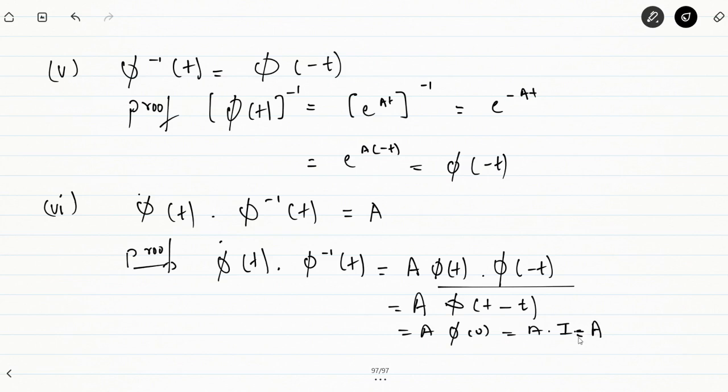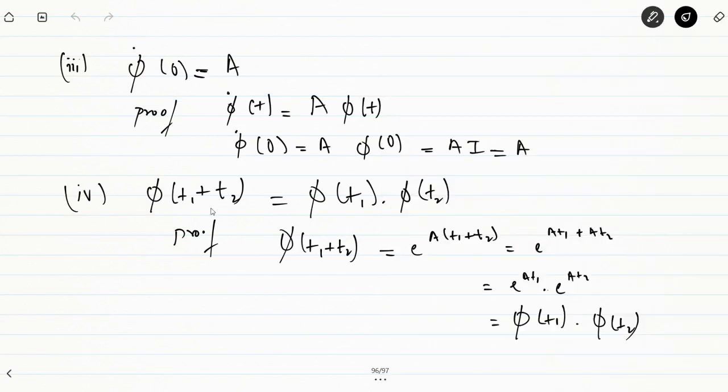Fine, so we have determined 6 properties of the state transition matrix. Phi of 0 is equal to I, phi dot of t is equal to a into phi of t, phi dot of 0 is equal to a, phi of t1 plus minus t2 is equal to phi of t1 into phi of plus minus t2.